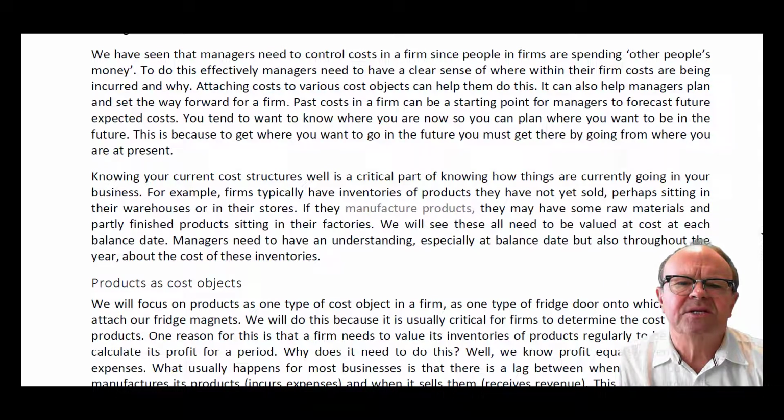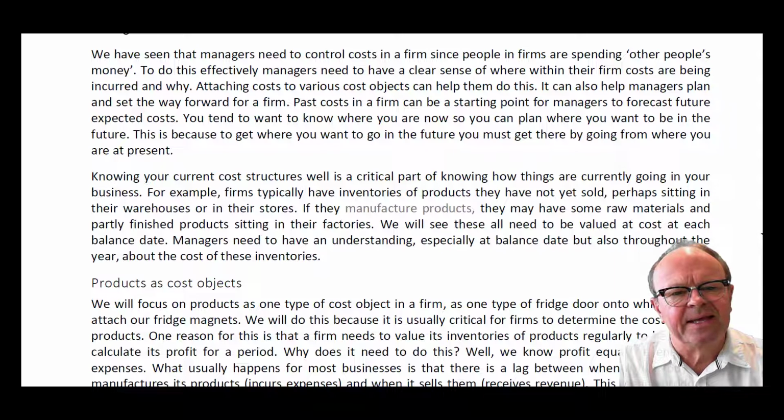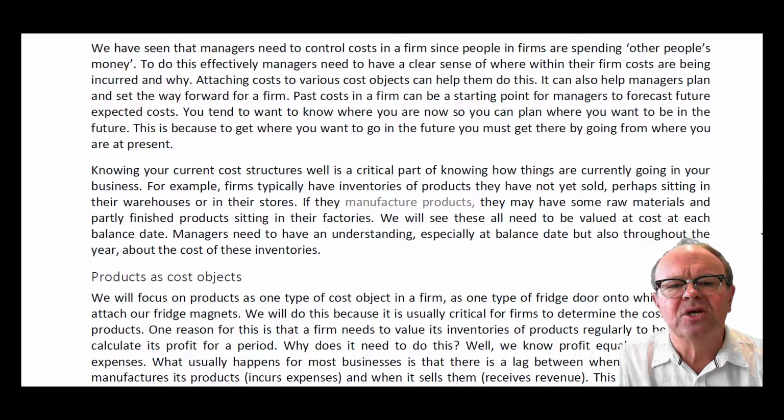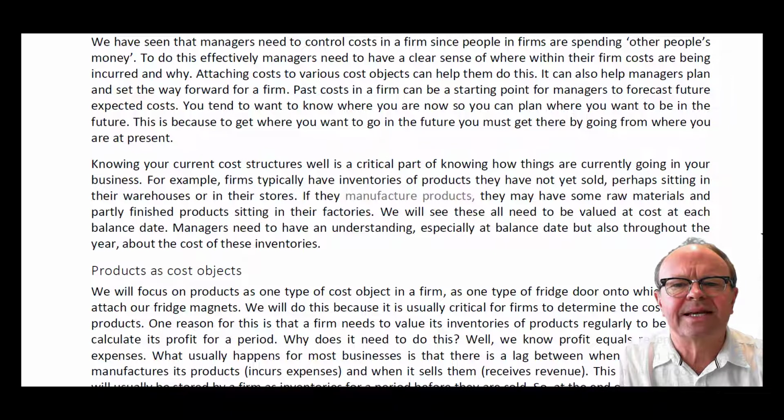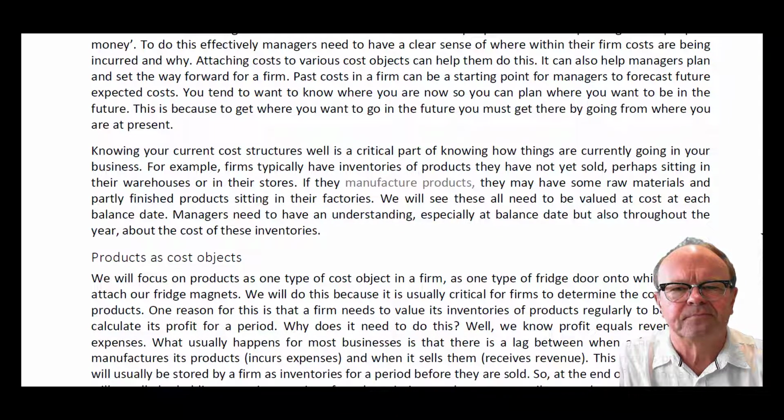We've seen that managers need to control costs in a firm, since people in firms are spending other people's money. To do this effectively, managers need to have a clear sense of where within their firm costs are being incurred and why. Attaching costs to various cost objects can help them do this. It can also help managers plan and set the way forward for a firm.